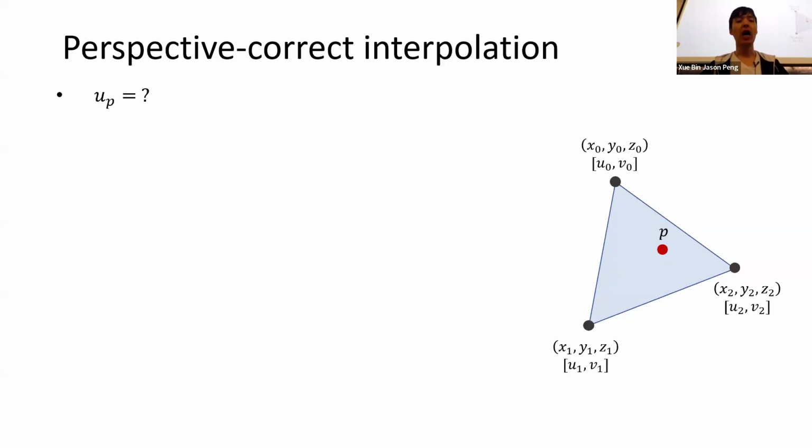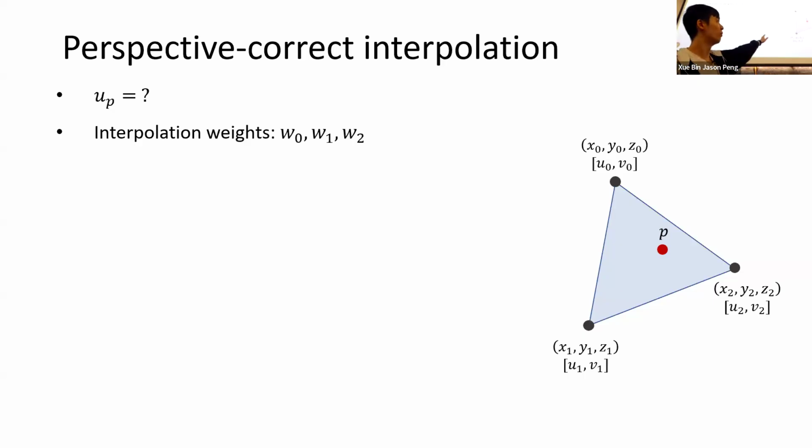So to start, let's calculate the interpolated u coordinate. Let's say we've calculated the barycentric interpolation weights W0, W1, and W2. These barycentric coordinates were calculated using the positions of the vertices after they have been projected onto the image plane. So we're not going to have access to the original x, y, z coordinates anymore.